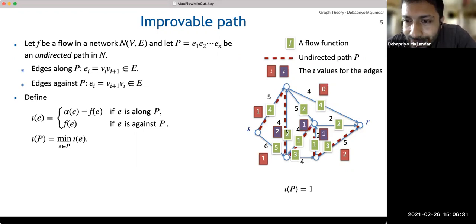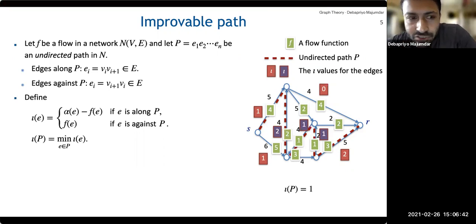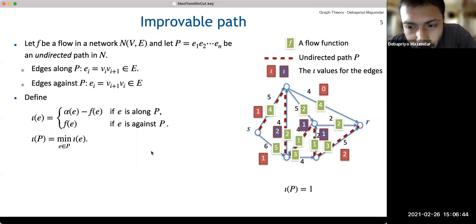Well, nevertheless, I can reduce this, right? I can reduce the flow from this to this, and that I can reduce by up to 2. So the against portion, how much can I improve at most? I can improve at most by whatever is flowing. That means there may be some flow which is actually against my goal. So along this path, I can improve the flow by 1.